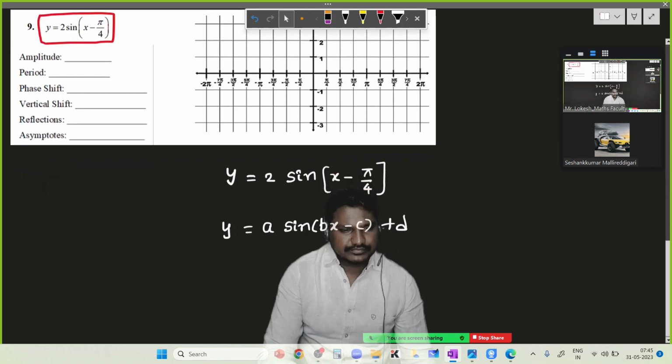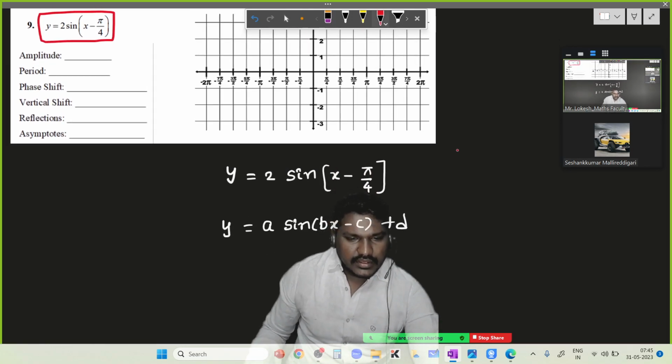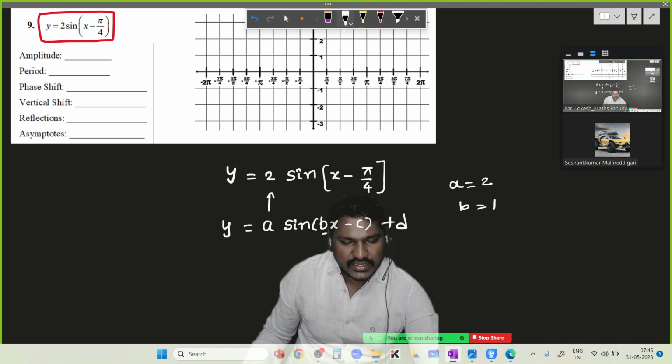Let me do it. Here the function is given as y equals 2 times sine of x minus pi by 4. So it will be y equals a times sine of bx minus c plus d. Here in place of a we got 2, and in place of b we got 1, because the coefficient of x is b, and here the coefficient is 1.